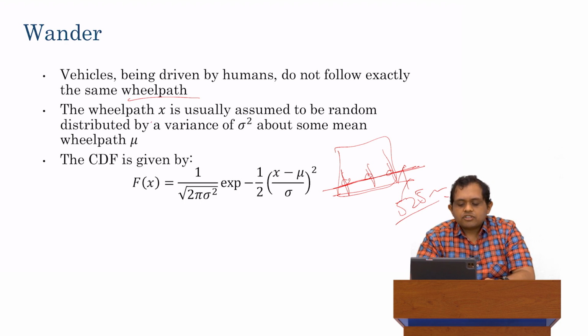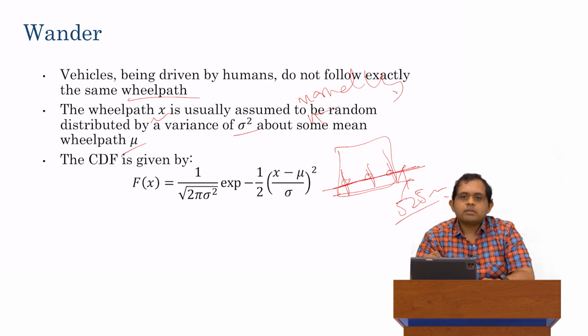So the wheel path, which I can represent with the letter X, is usually assumed to be a randomly distributed variable. Particularly, it's assumed to be a normally distributed random variable, with a variance of sigma squared and a mean of mu.